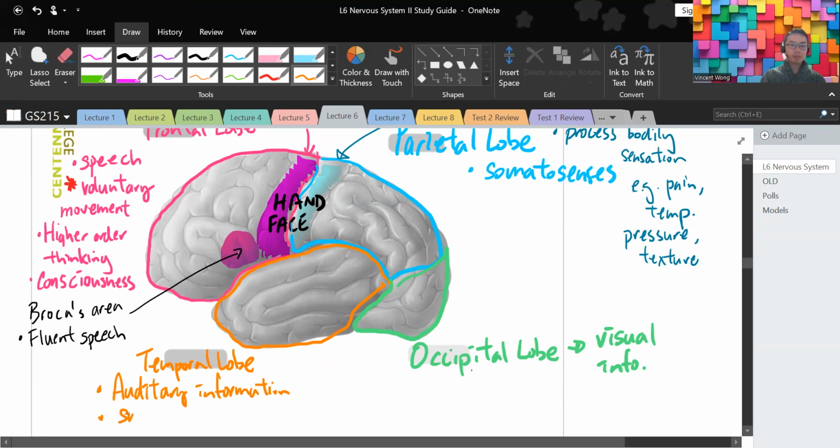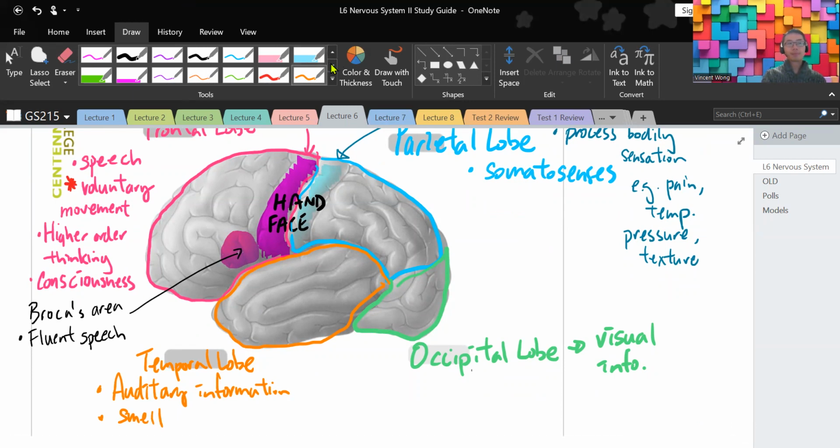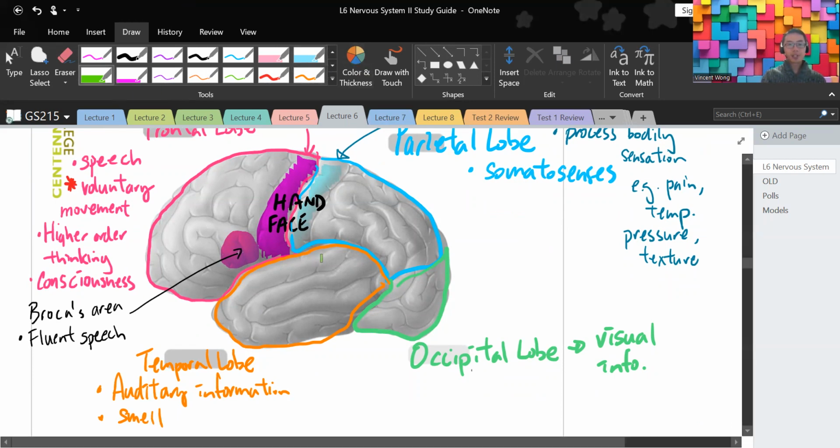Also smell. There's a special area here that is going to work together with the Broca's area.